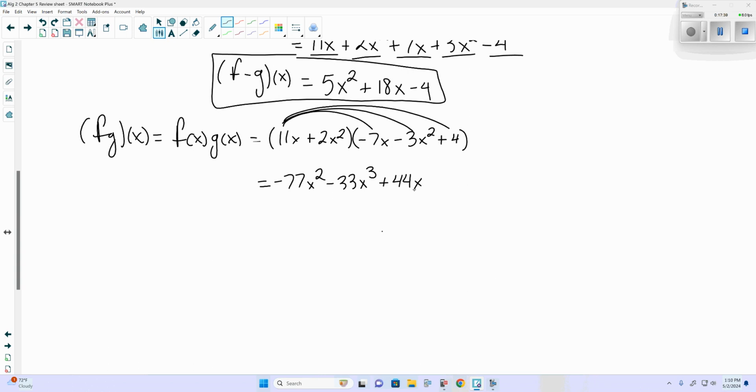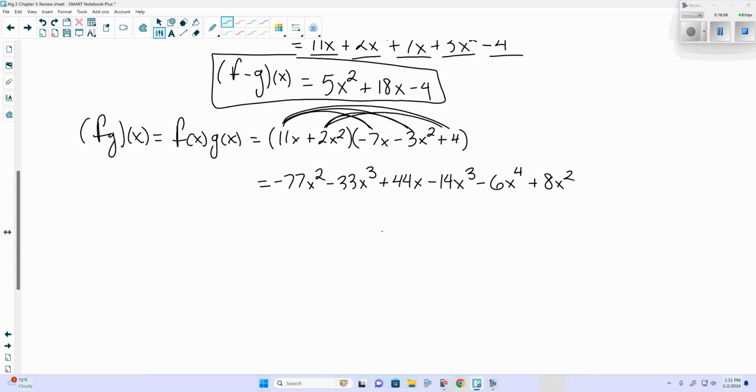Now we're going to do the same thing with 2x squared. 2x squared times negative 7 would be negative 14x cubed. 2x squared times negative 3x squared, 2 times negative 3 would be negative 6. X squared times x squared is x to the 4th. And lastly, 2x squared times 4 is plus 8x squared.